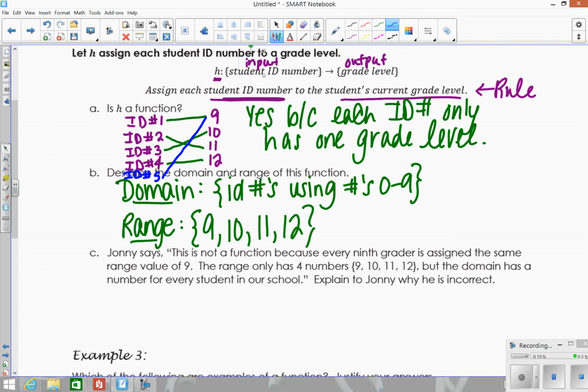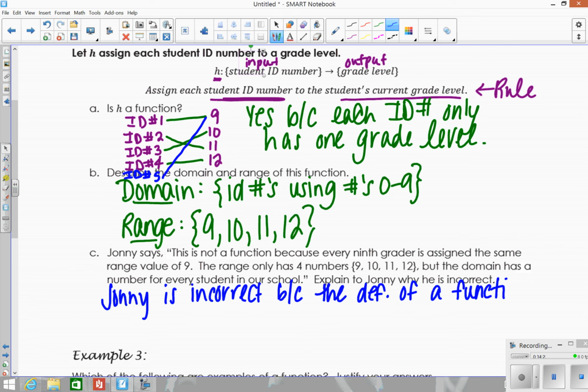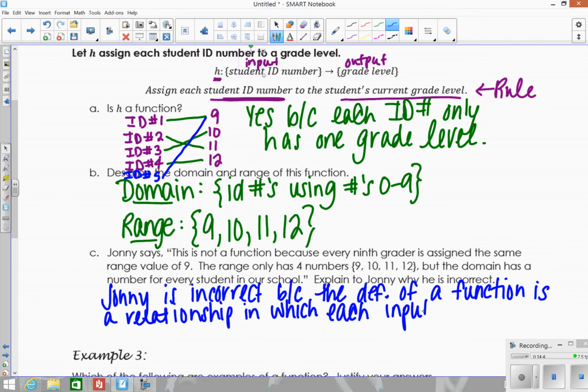So, let's just say, Johnny is incorrect because the definition of a function is a relationship in which each input has exactly one output.